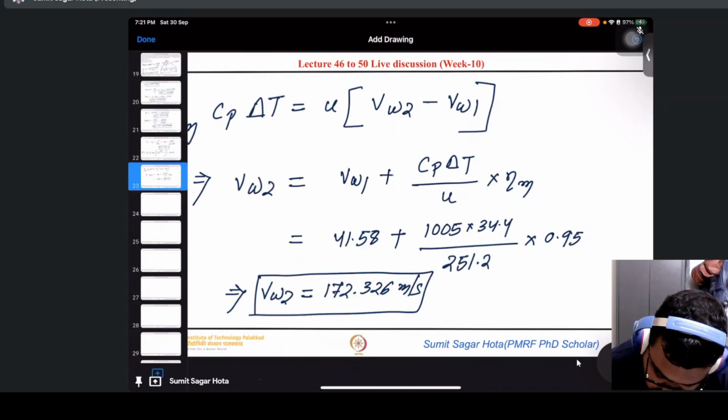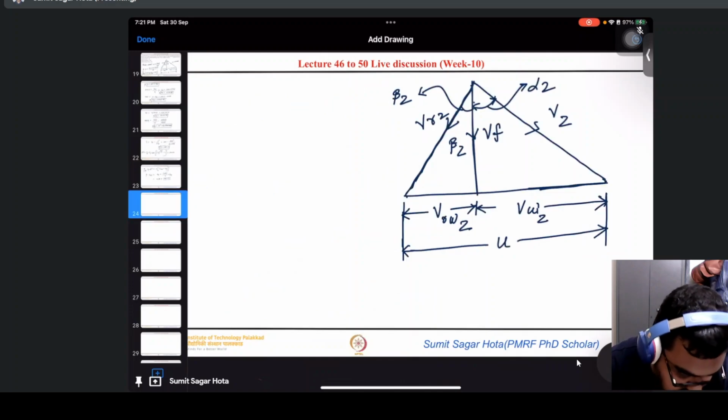U is the same for both, either inlet or exit.